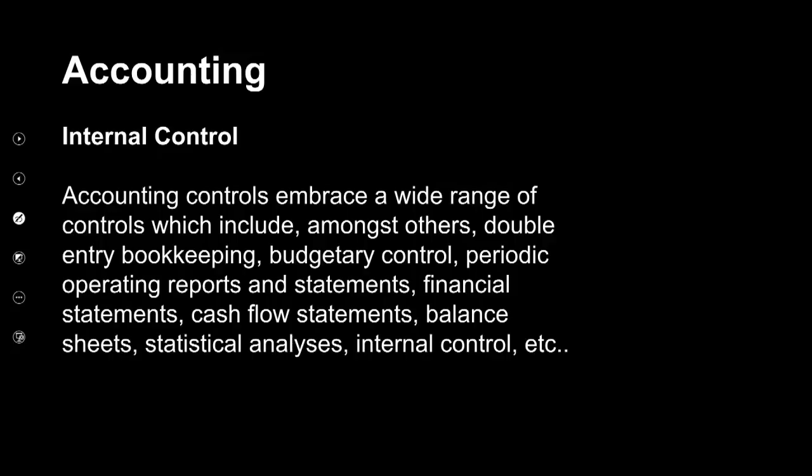When it comes to internal controls, and this is very, very important, accounting controls a wide range of controls which will include, amongst others, double entry bookkeeping to ensure that we've made the double entries in terms of debit and credit, right? We look at budgetary control.